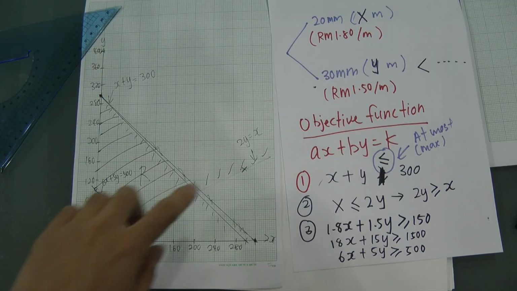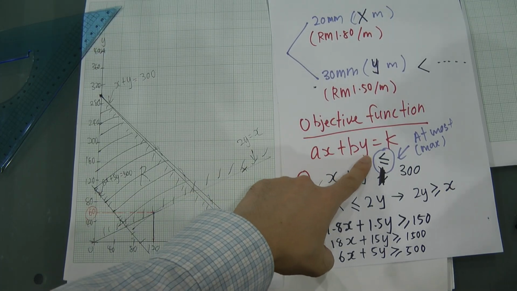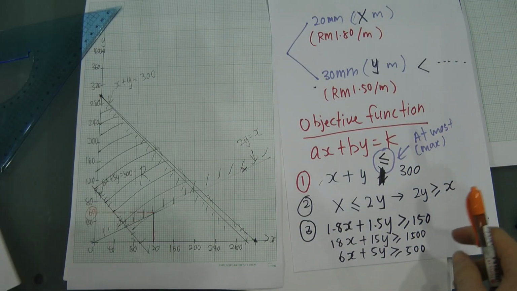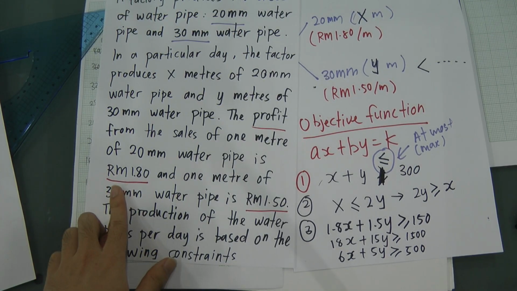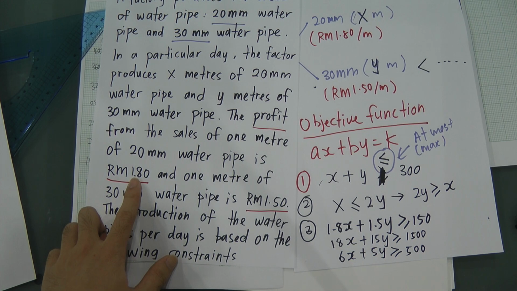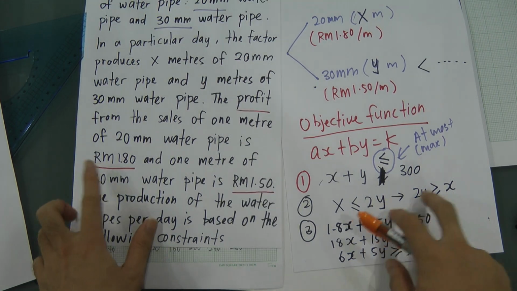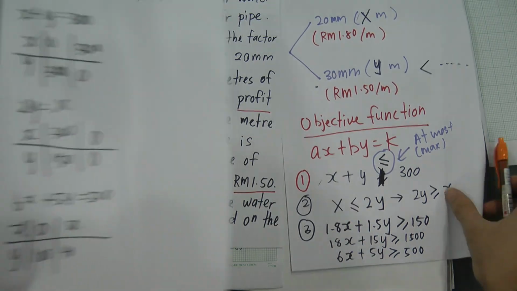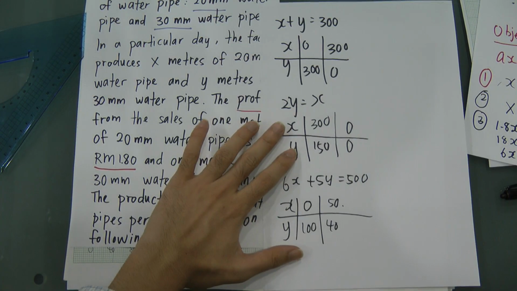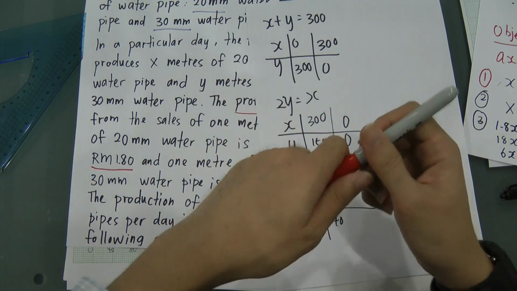Objective function I say is ax plus by equal to k. So actually objective function is related to the money. Just now I say you got 1.8 ringgit for x, and then this one for y. So therefore, from here I can get the objective function.